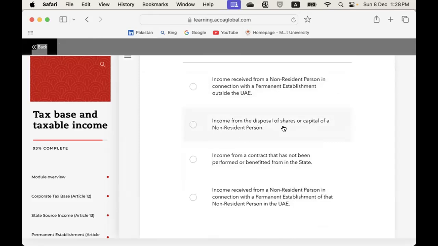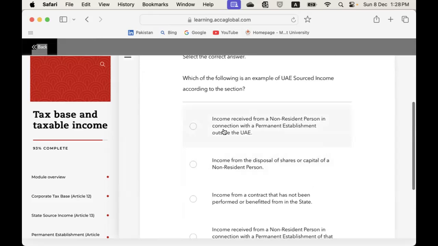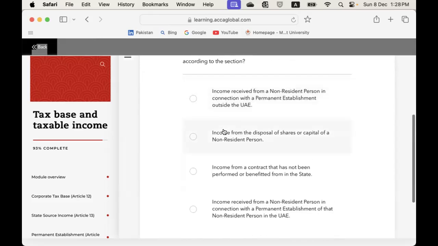Income from the disposal of shares or capital of a non-resident person. The share and capital belongs to the non-resident person, but what about the company in which that share capital is there?